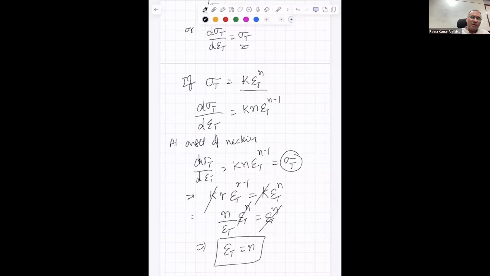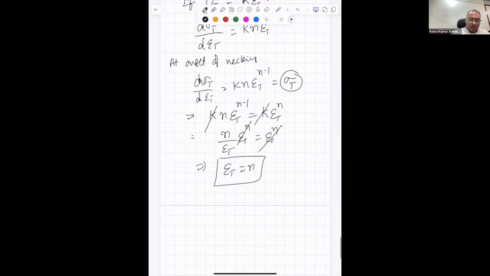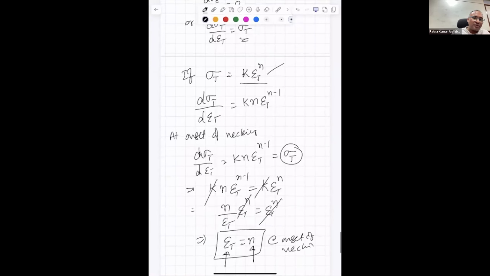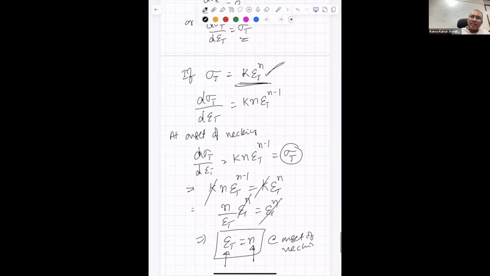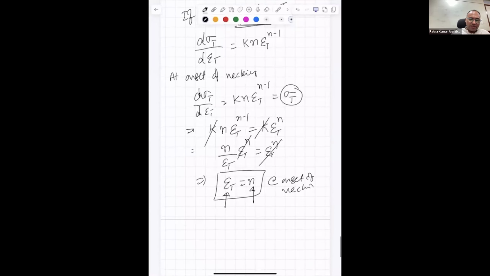If it is a power law hardening response, then at onset of necking, the true strain becomes equal to the strain hardening exponent. If it is some other relation, then we cannot say. But if it is a power law relation like that, then at the onset of necking, the strain hardening exponent becomes equal to the true strain. That is when necking begins.